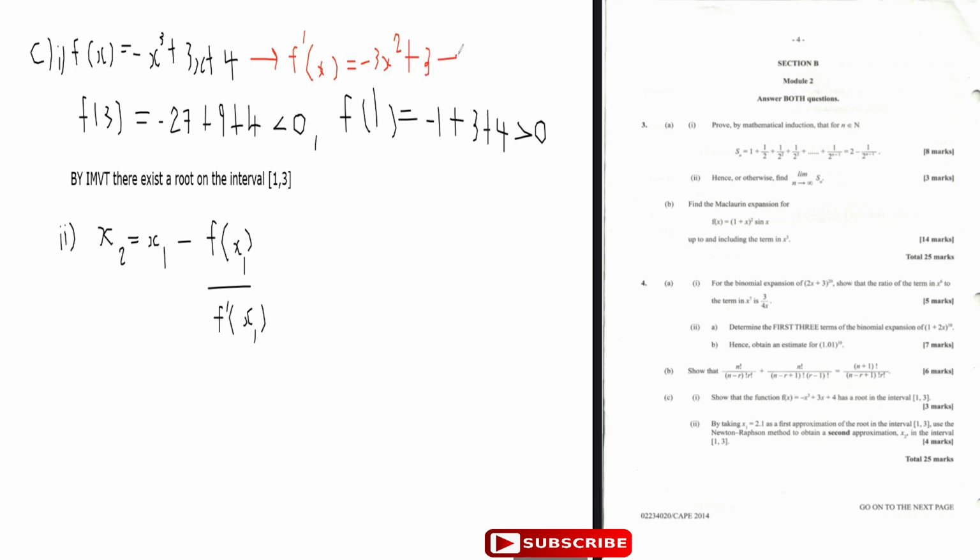So you can plug in 2.1 to find f prime of 2.1. F prime of 2.1 will be minus 3 times 2.1 squared plus 3, which is minus 10.23.